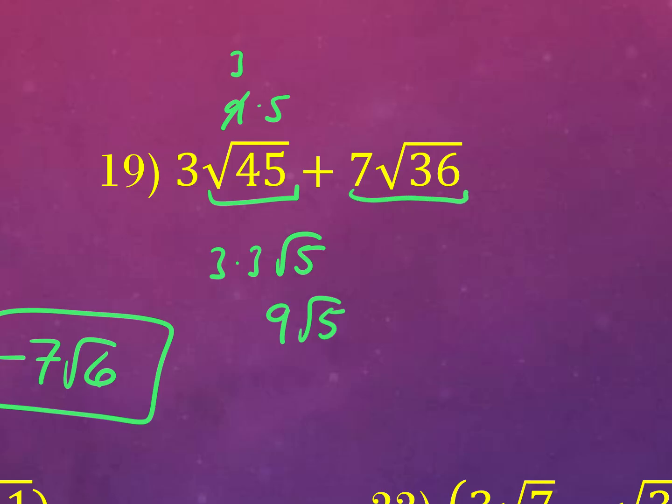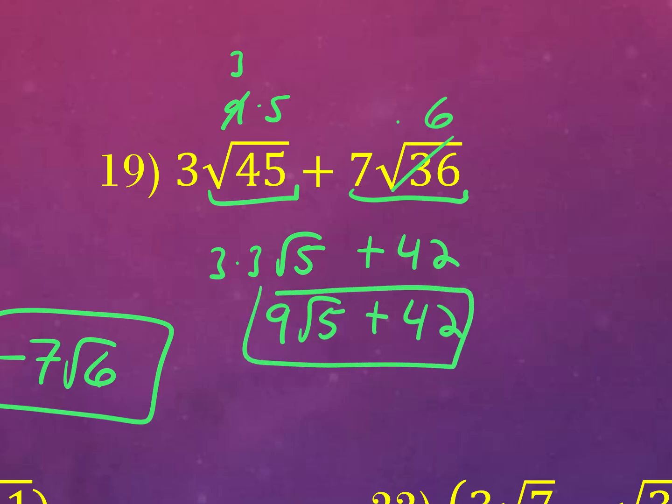And then how do we simplify this side? It's the square root of 36. That's just 6. So we get 7 times 6, so 42, so we just get plus 42. Can I do anything more with a radical and a whole number? Can't do anything more with a radical and a whole number. So you just leave it alone.